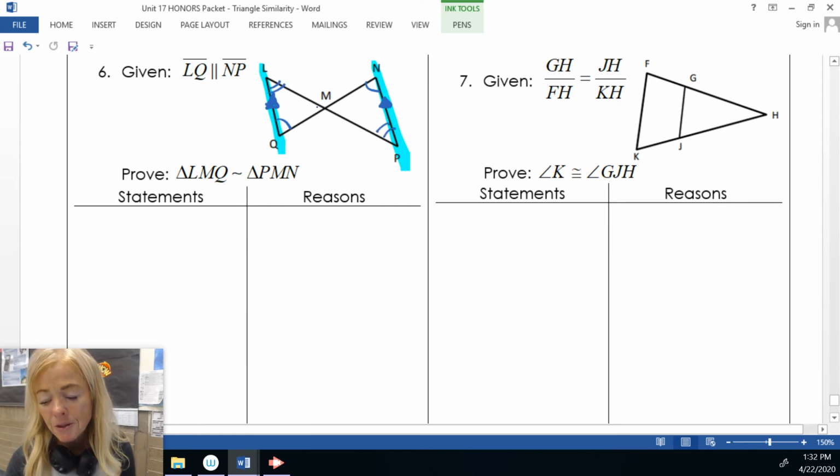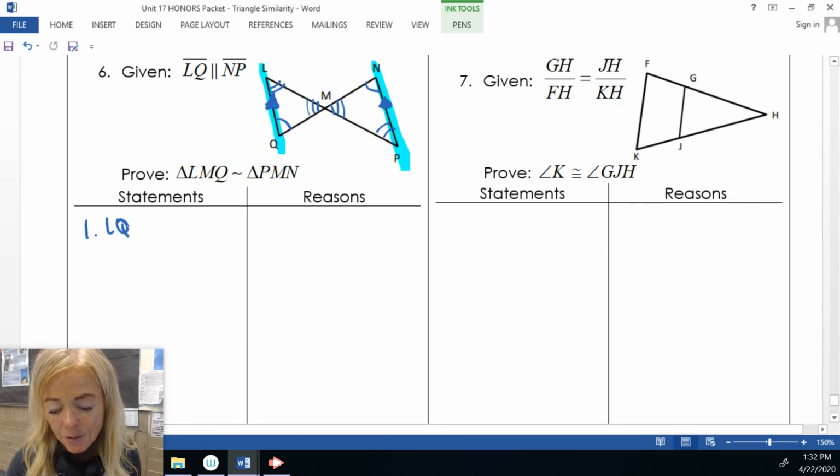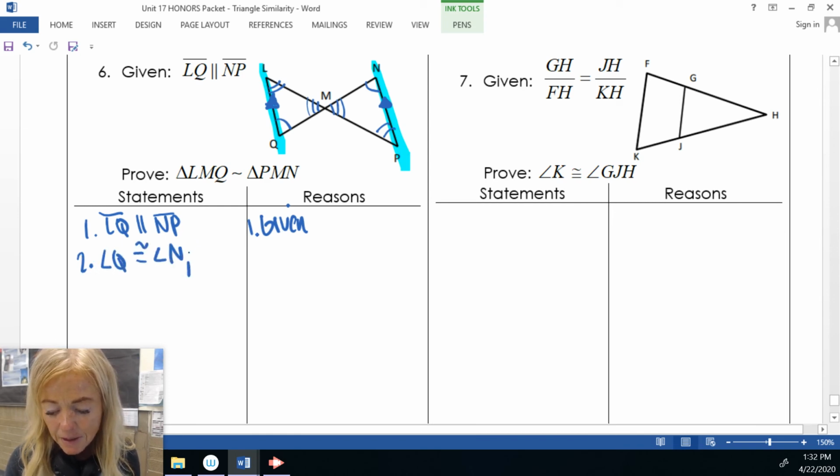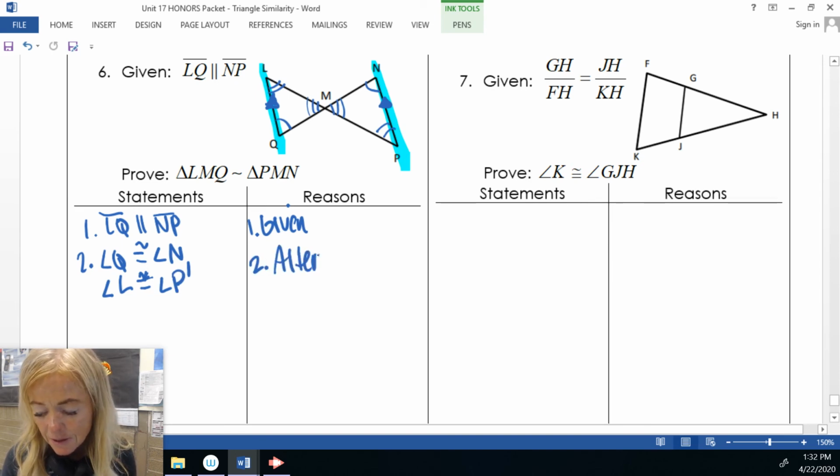We could also use our vertical angles, but I'm going to just state that LQ is parallel to NP, and that's given. With that information, we got angle Q congruent to angle N, and angle L congruent to angle P, and that is by the fact that they're alternate interior angles.